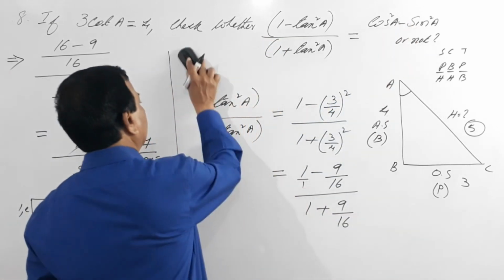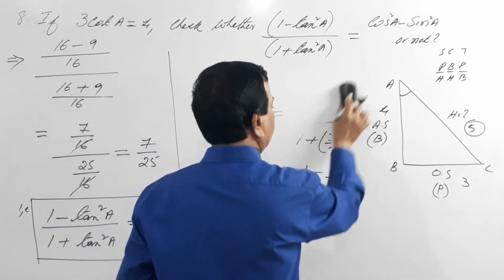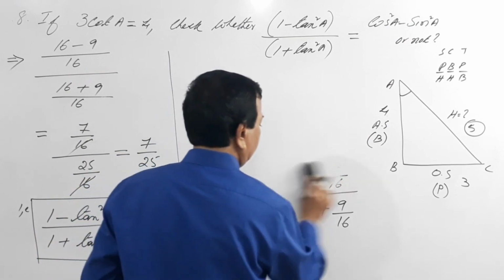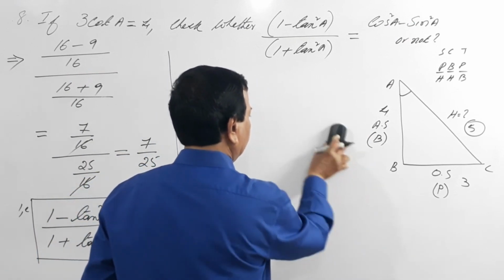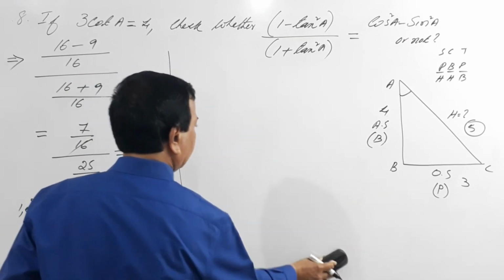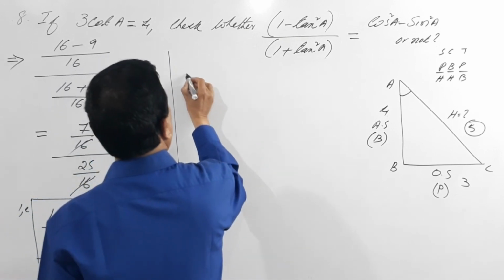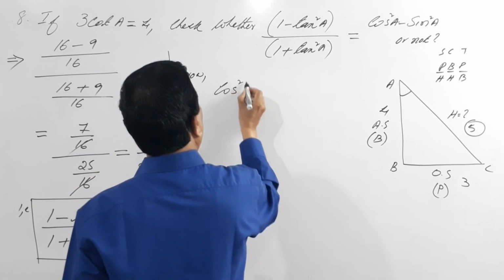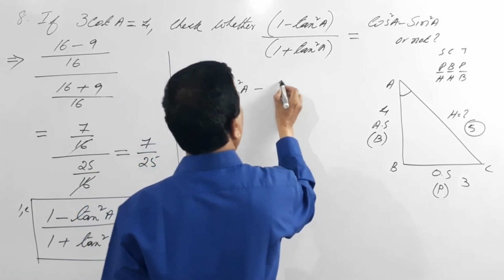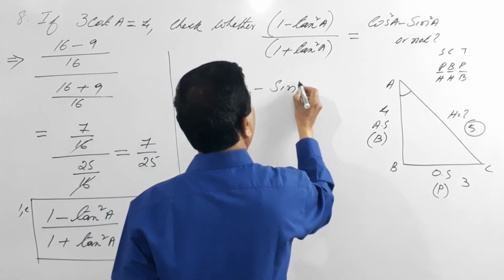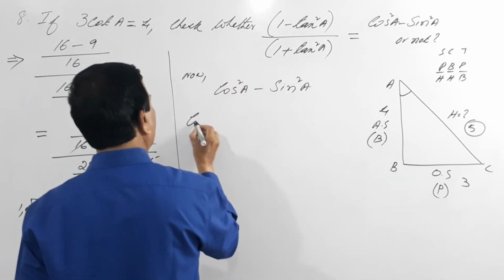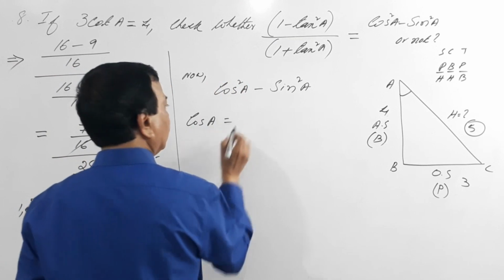Now we will individually check this value. Now cos square A minus sine square A. Now cos A is what?